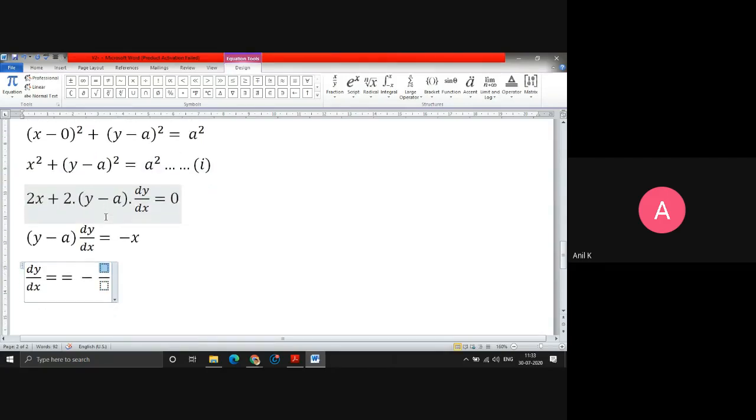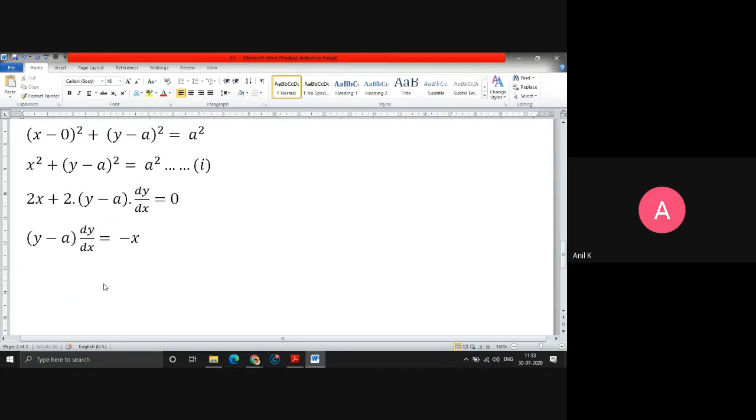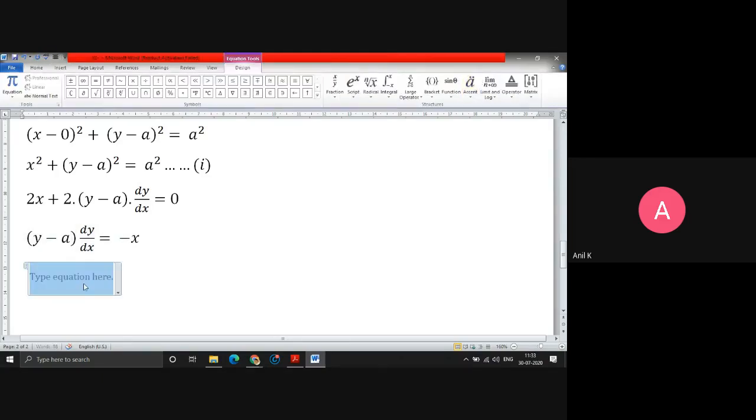Let me rewrite the step. Here you can write y minus a is equals to minus x into, if I transfer dy by dx to this side, dx upon dy.